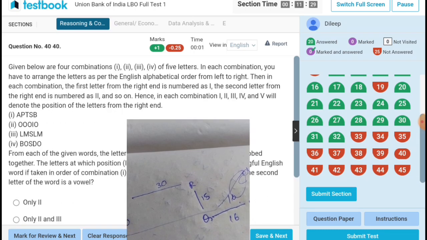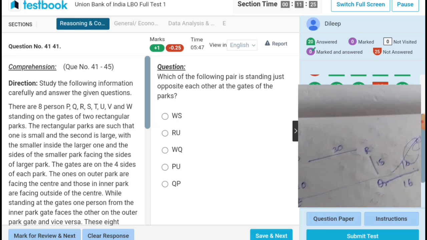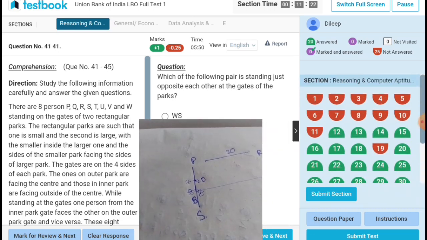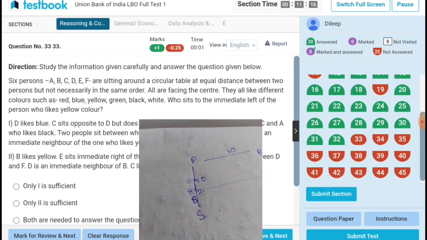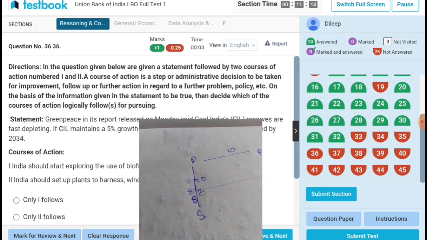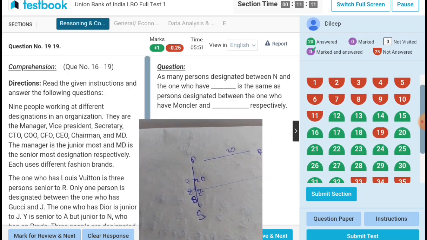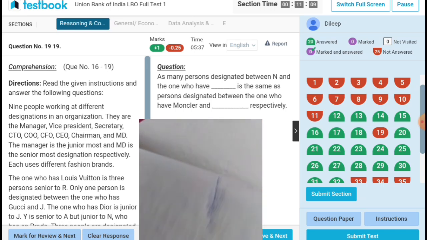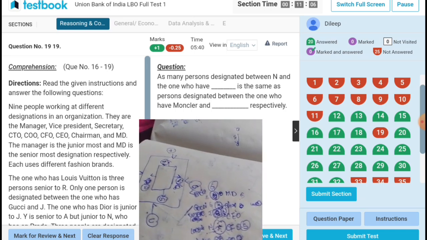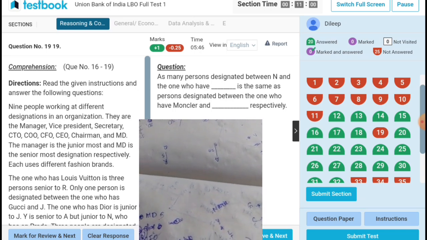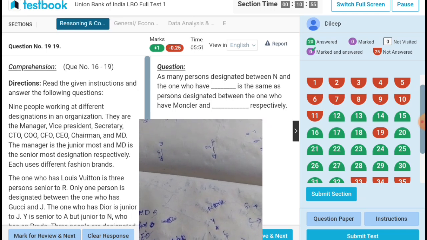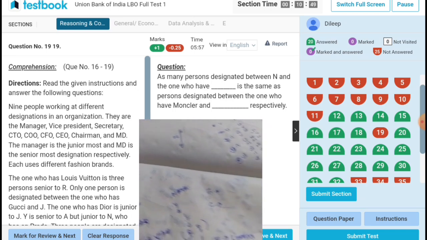Next. So EMD, LBO, CFO, Vice President and Manager.